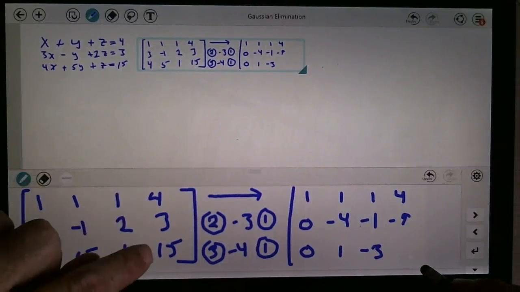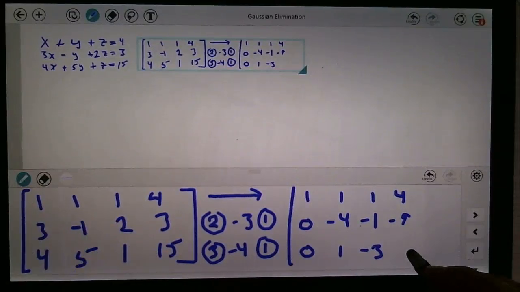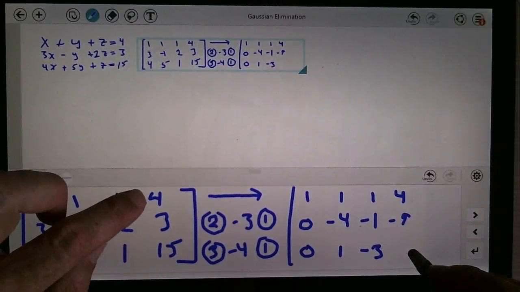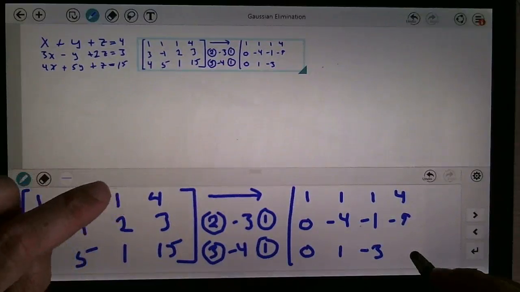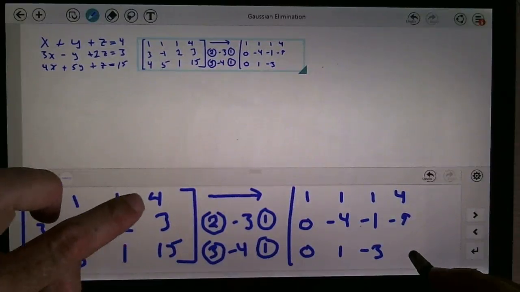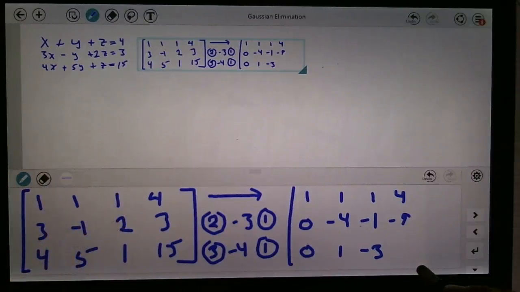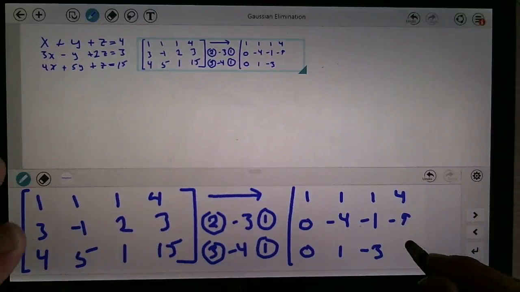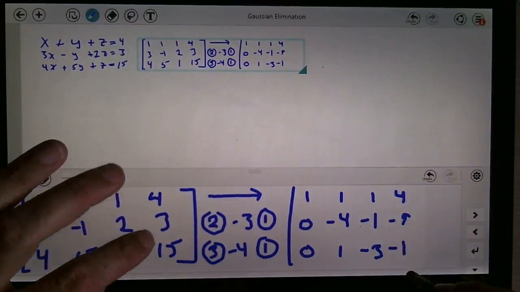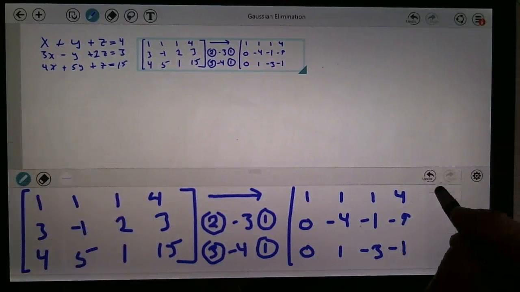I'm multiplying this by -4 and then adding it onto here. So 15 minus 16 is -1. 15 minus 16, yes.